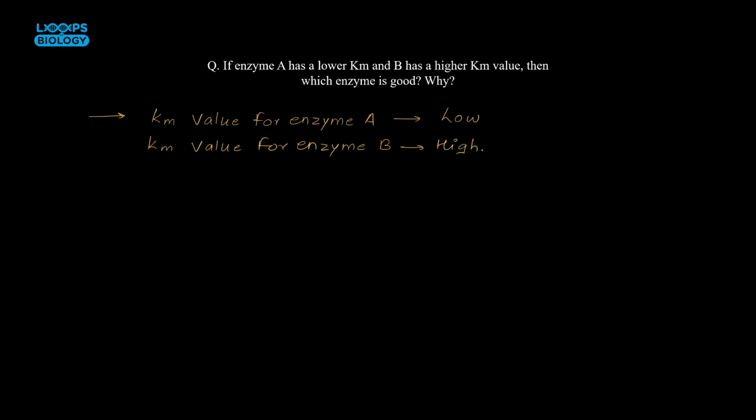So now this is what the question is going to be saying. Then which enzyme is good and why? That's the main point. If I'm talking about good or bad enzyme, that is not decided by Km.